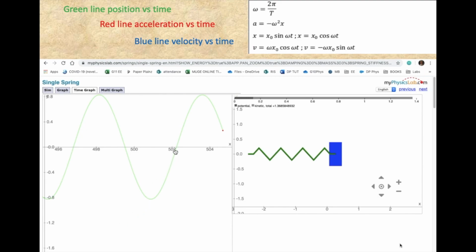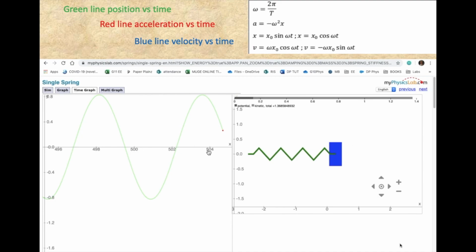So it doesn't matter when you start timing. Let's say you start the timing right here. Because the function starts from 0, that's when the mass is at its equilibrium position and it's moving forward. So you see, this mass is on its way going forward.